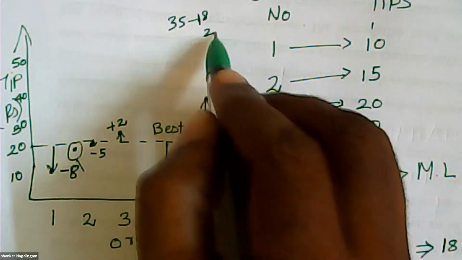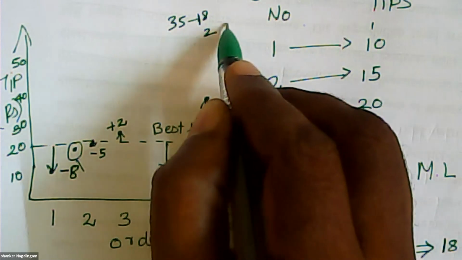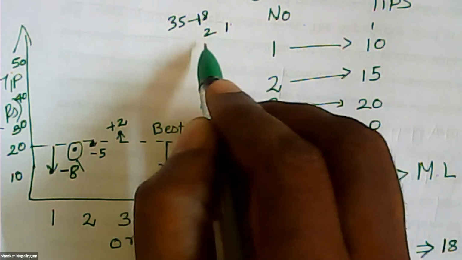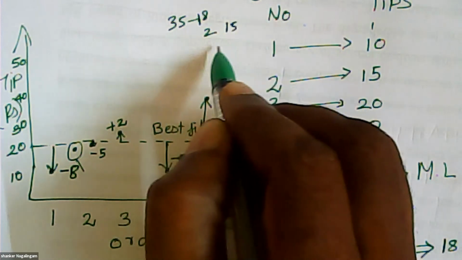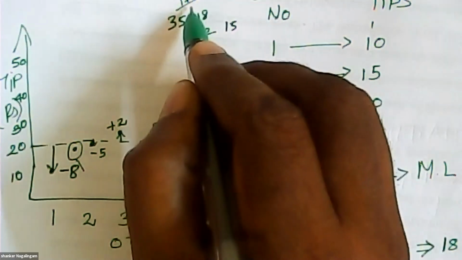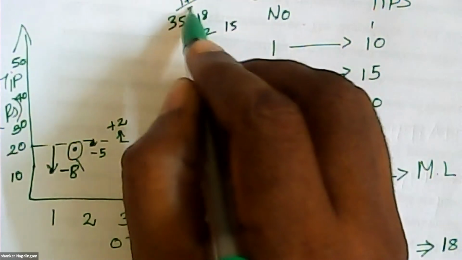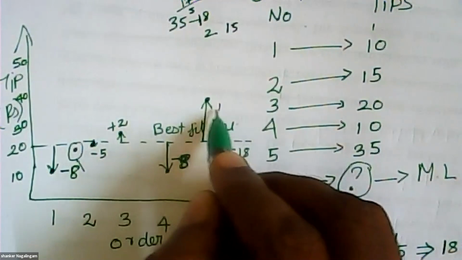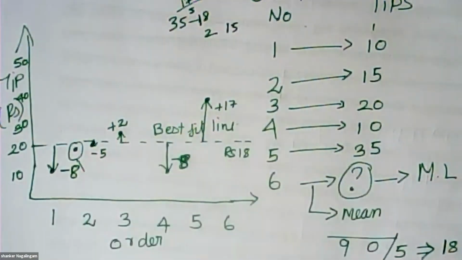If you subtract, you'll get about plus 17.